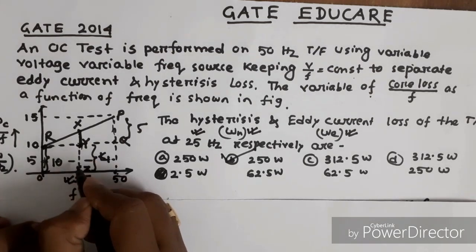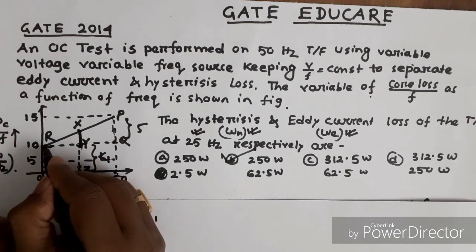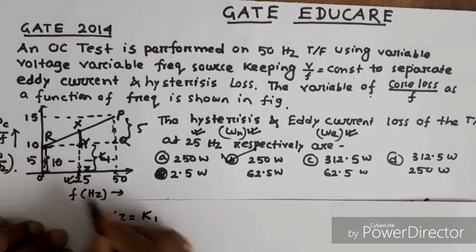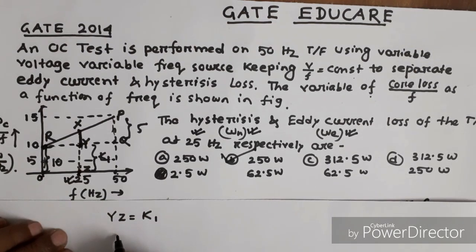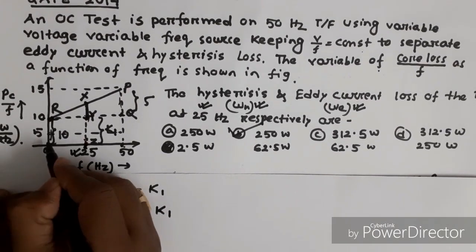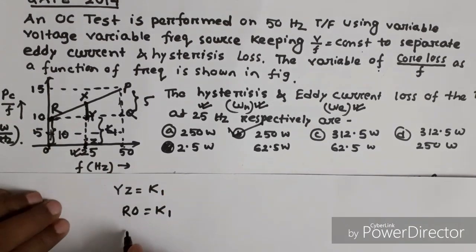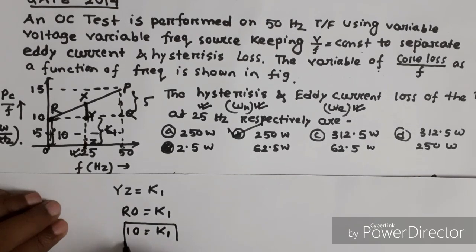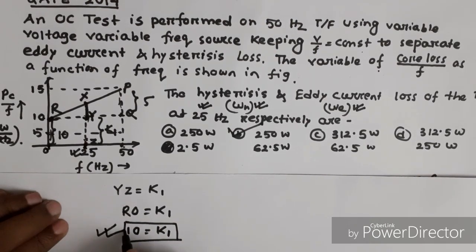Now this point is R, this is O. Therefore RO equal to K1. This is 0, 5, 10. What is RO? 10. 10 equal to K1. So I have calculated the value of K1.